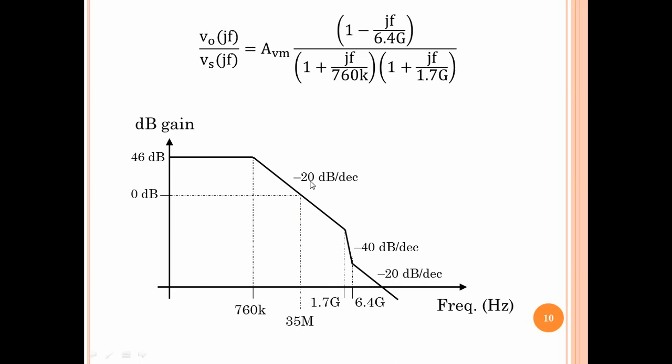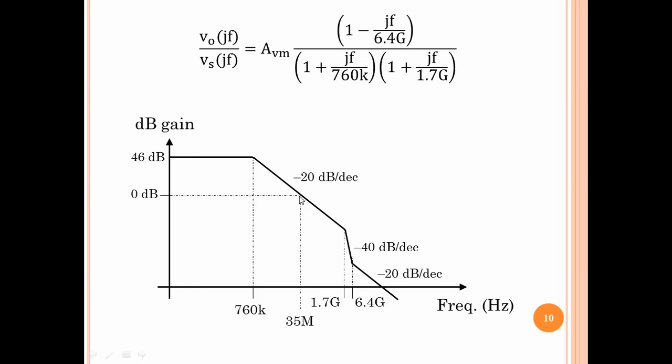So 46 minus 60 is minus 14 dB. So somewhere along the way, the gain will cross 0 dB. 0 dB means that the gain has become 1, unity. This gain was 200, the gain has become 1 here.